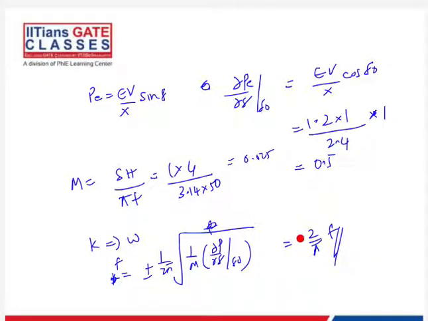Oh, sorry. The cos 90 is 0, my bad. Yeah, cos 90 is 0. Sorry, my bad. I should say sin 90.